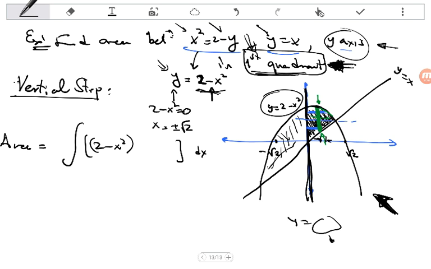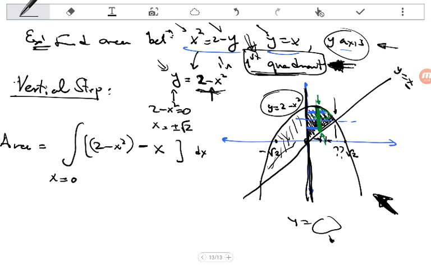This is the above curve. What is the lower curve? It will be just x. Now I need to slide this strip from x equals 0 to which x? Oh, now I need to find this point of intersection.